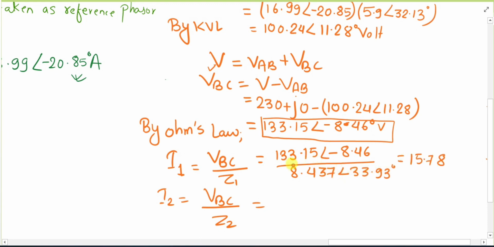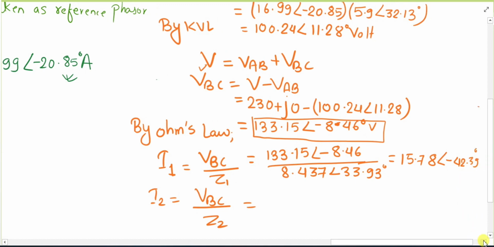Substituting the values of VBC and Z1 in the calculator, you will get I1 as 15.78 angle 42.39 degree.